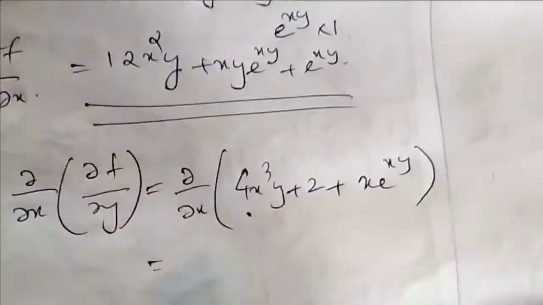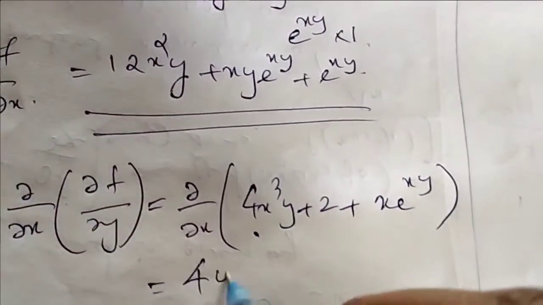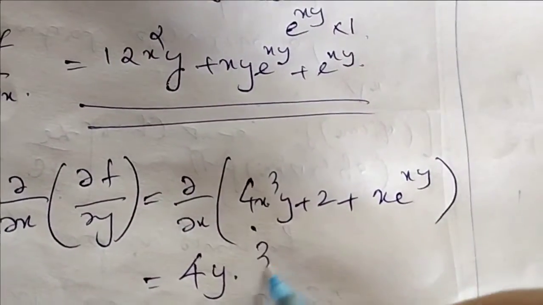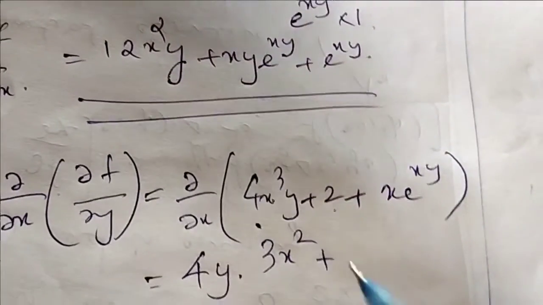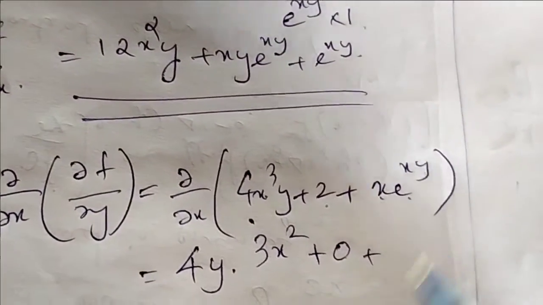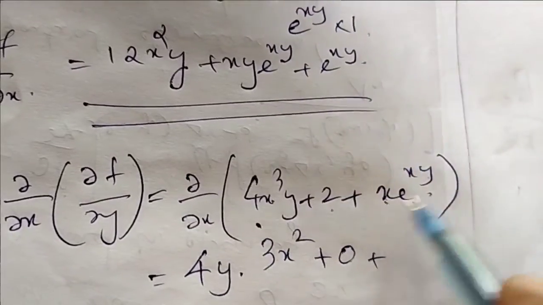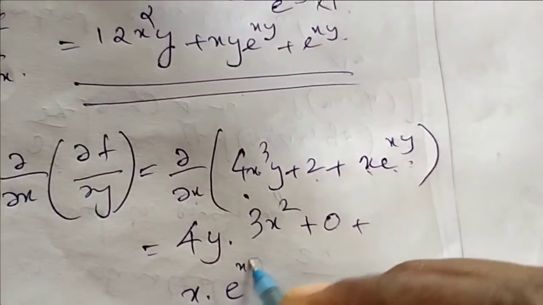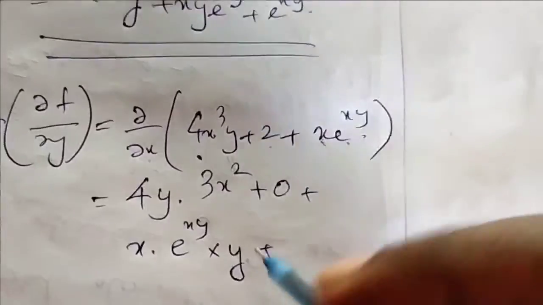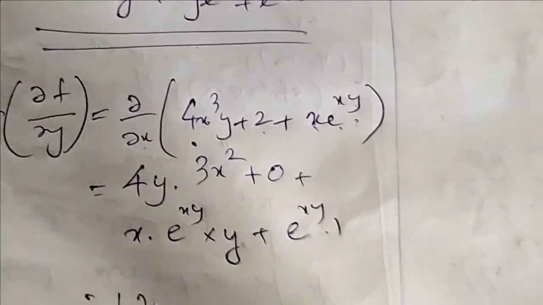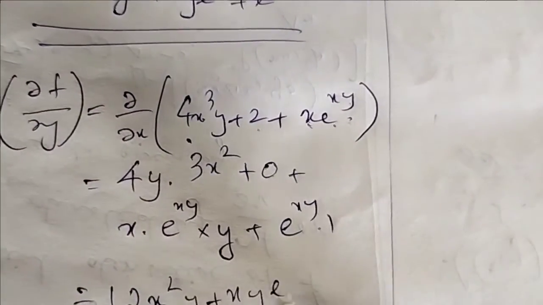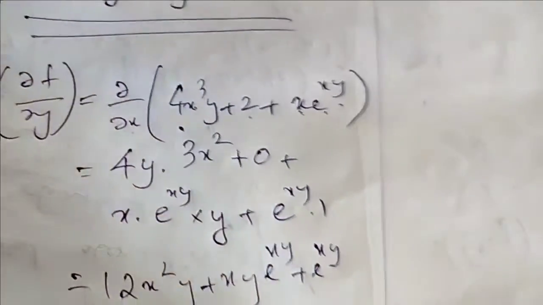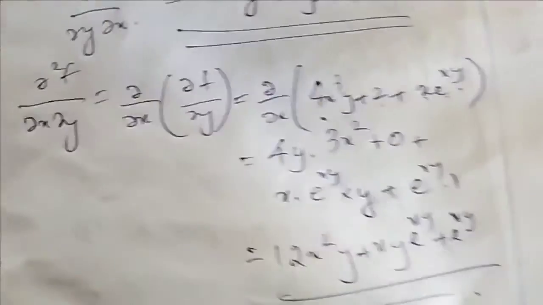What's the derivative with respect to x? 4y constant, x³ derivative 3x², derivative of 2 is 0, and x e raised to xy with respect to x means both are variables, so use the product rule: x into e raised to xy into y, y being constant, then e raised to xy into 1. So it is 12x²y plus xy e raised to xy plus e raised to xy. So this is the derivative, that is ∂²f/∂x∂y.